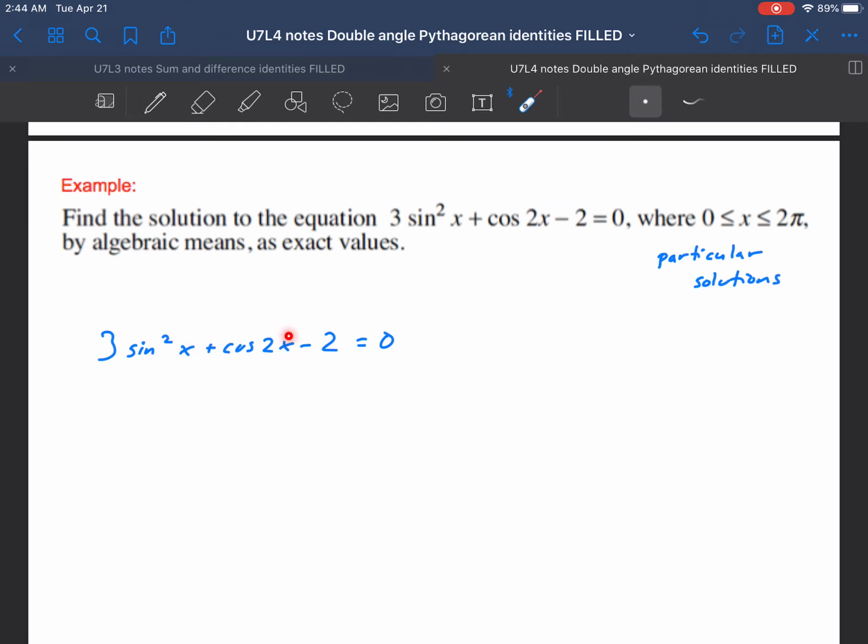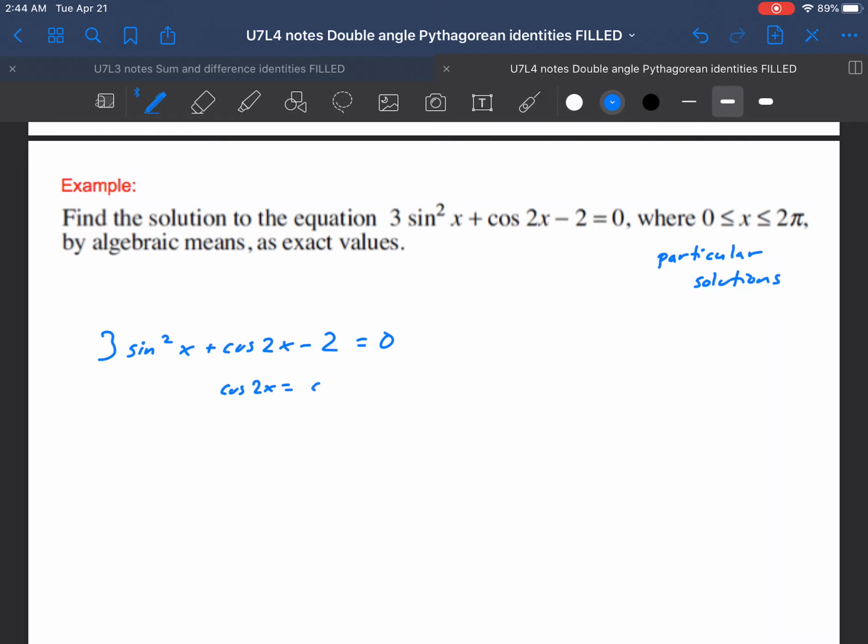And what I mean by that is here we have the sine of x. Here we have the cosine of 2x. So this is a problem for a couple of reasons, right? It's not a sine, and it's not the same argument. And we could try and change either of these, but I prefer to change the cosine 2x because mainly the argument is 2x, and I want to make it x. So we've got some options here.